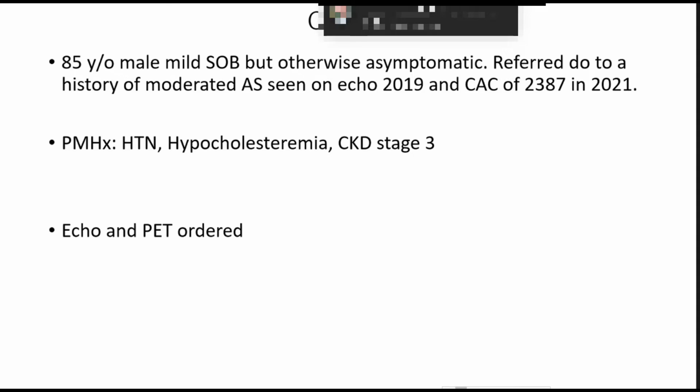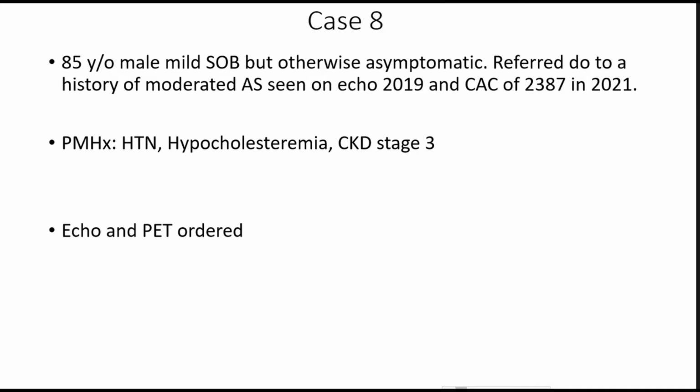Well, I was just asking if there was any technique. The last case we looked at, I don't know if you were paying attention to it, but they had a valve in valve, and they had echo-free space around it immediately post valve in valve, and then came back later with positive blood cultures.